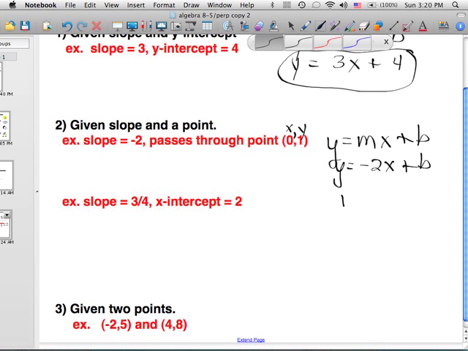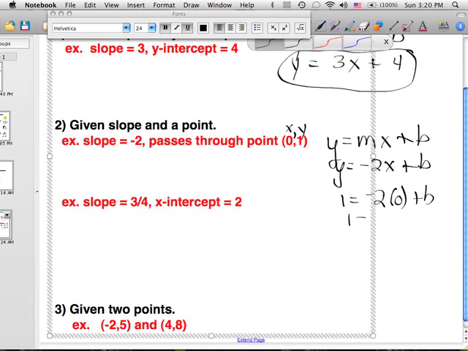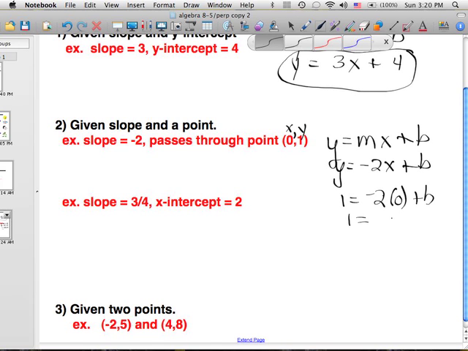So y is 1 equals negative 2x, and x is 0 plus b. So 1, negative 2 times 0 is 0. 1 equals b. So my equation of the line would be y equals negative 2x plus 1.